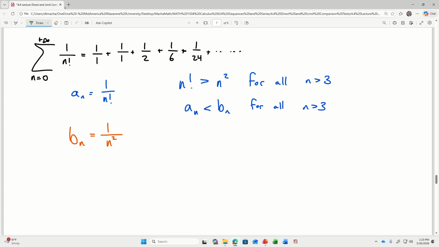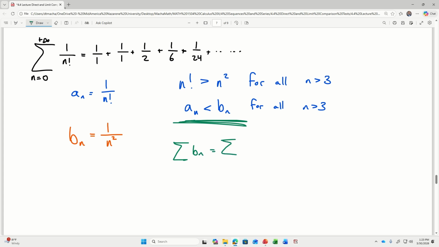So specifically, a_n is less than b_n, and so am I trying to show that b_n converges or b_n diverges? Converges, I think. Converges, yeah, because if the b_n series converges and a_n is less than b_n, that would show that a_n converges.